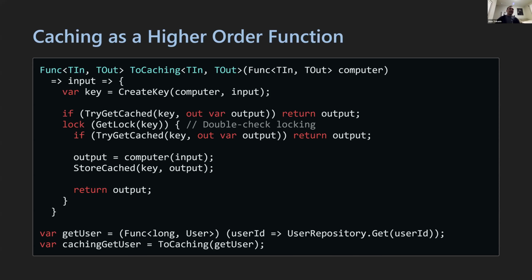Okay. So now let's talk about how we could solve this. And this section is going to be probably the most intense in terms of your brain activity. So I'm going to show a very simplified example of what Fusion actually does. And Fusion is the library I'm talking about.